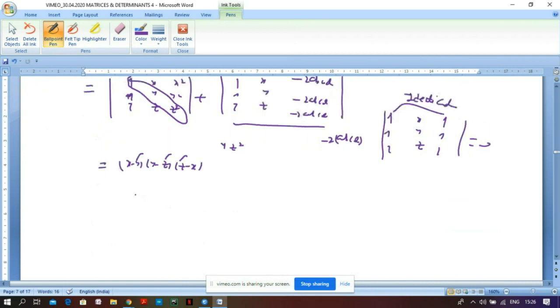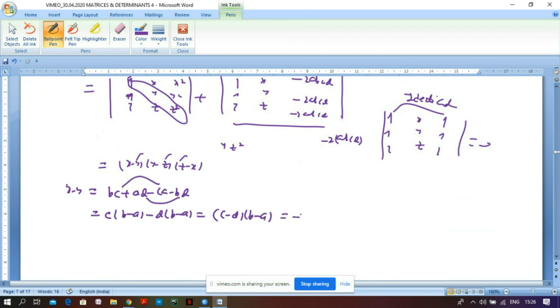Now let's evaluate these things. Your x minus y is bc plus ad minus ca minus bd. I combine these, so that means c times (b minus a) minus d times (b minus a). That gives me (c minus d) times (b minus a), which I can write as negative of (c minus d) times (a minus b).